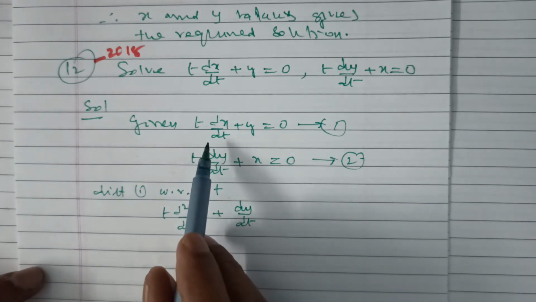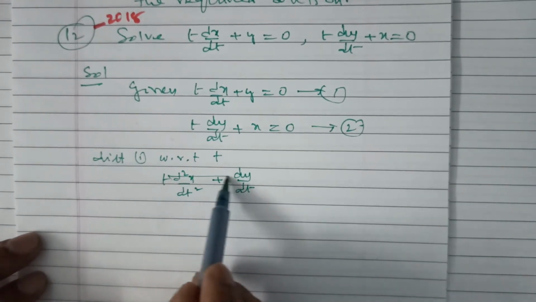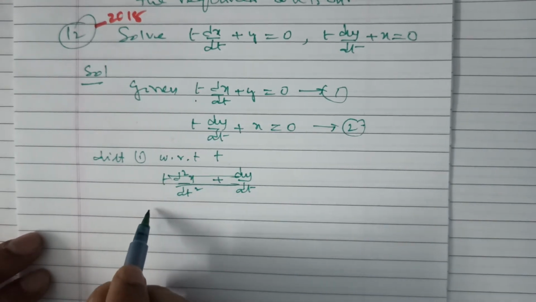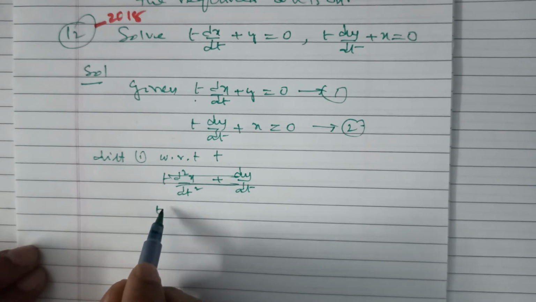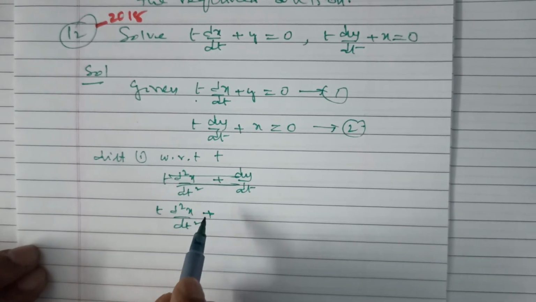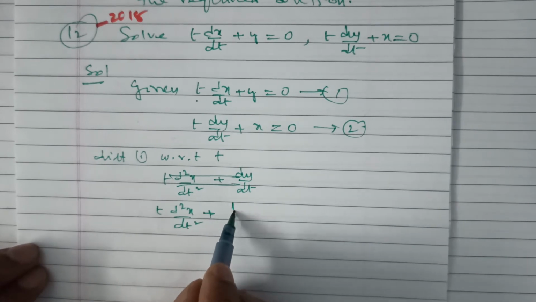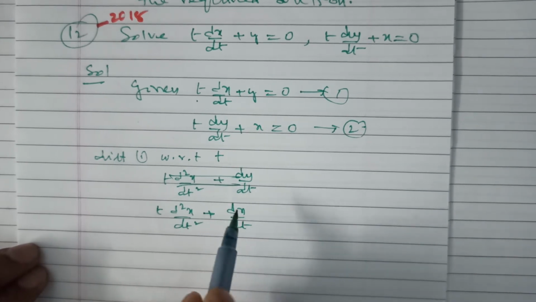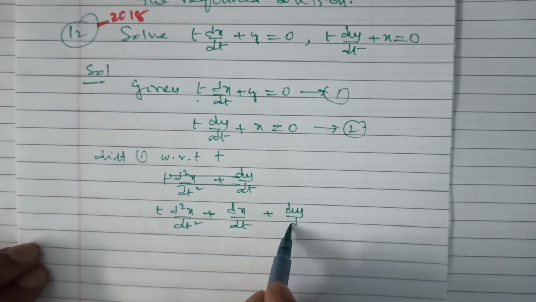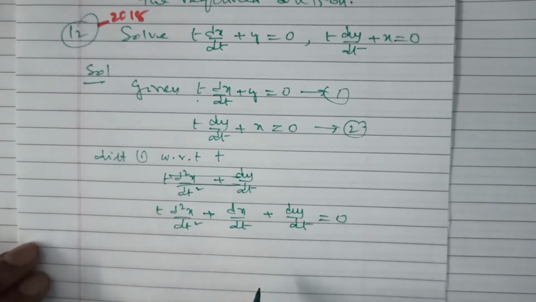differentiating one with respect to t. Both are variables here. This is called the UV method at first. I can take the UV method: t d²x/dt² + dx/dt, the UV method differentiation of the first equation, plus dy/dt is equal to 0.